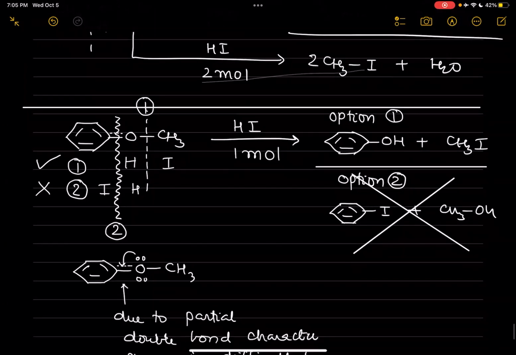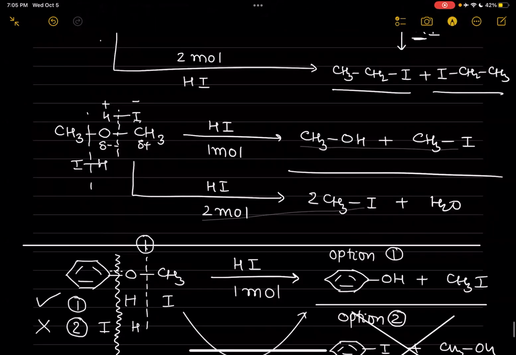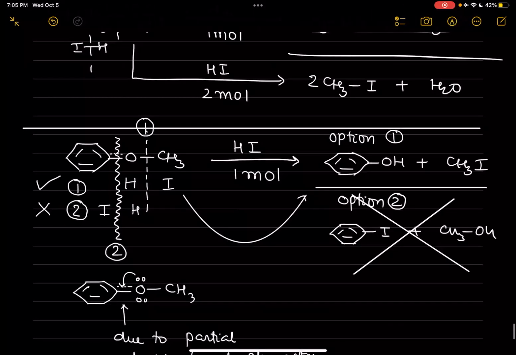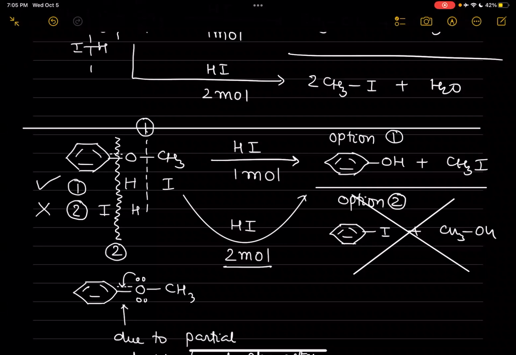So even with that, in this case, it is different. Remember, guys, I told you this was the simplest case. In this, if you would have taken 2 moles of HI, then also your answer is going to remain the same, because again the PhOH is not going to react with the HI.